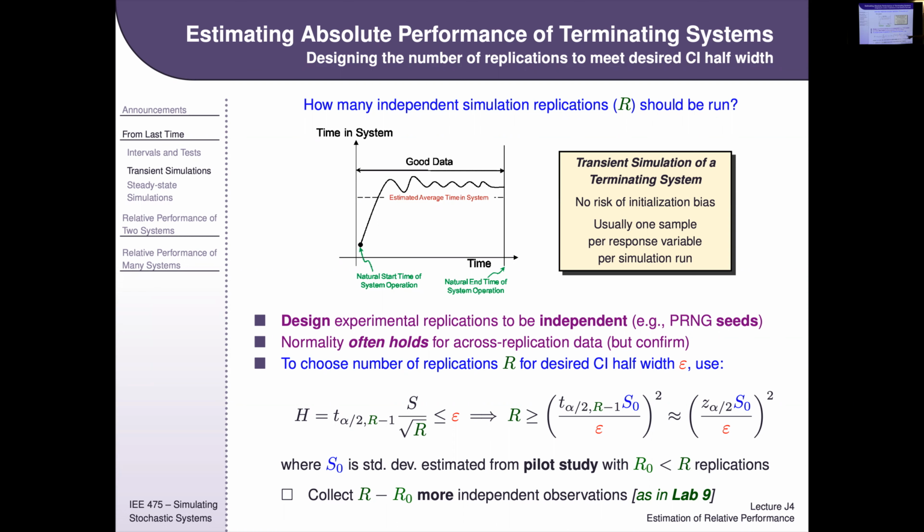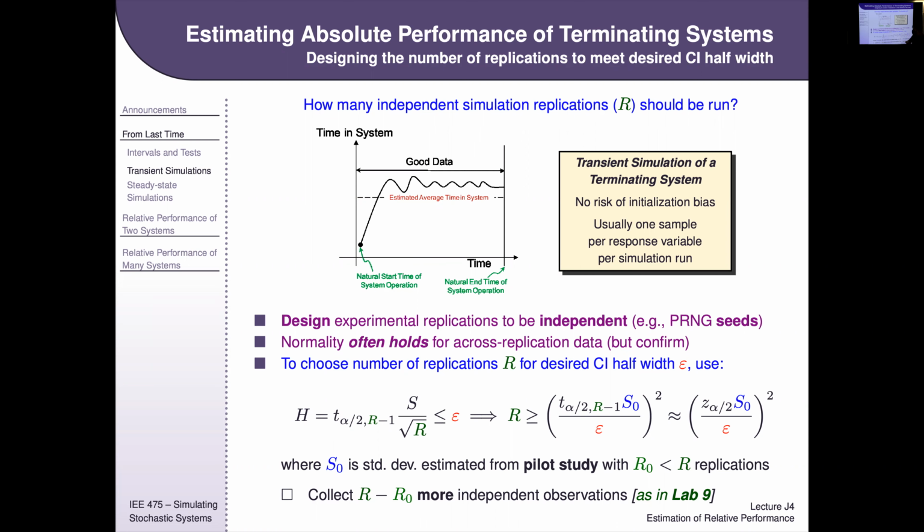So you've got the critical z value for alpha divided by 2. In this case, if it was for 95%, alpha divided by 2 would be 0.025, which is 5% divided by 2. You look up whatever that value is, multiply it by the standard deviation estimate, divide it by the half width constraint, and square that ratio, and that tells you an estimate of how many replications you need to meet that half width constraint.